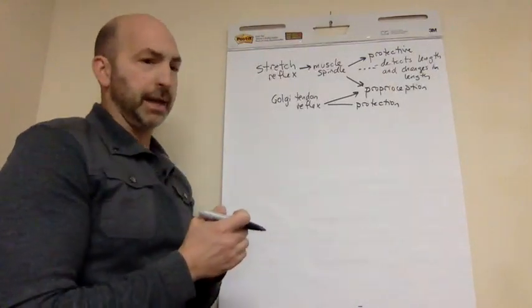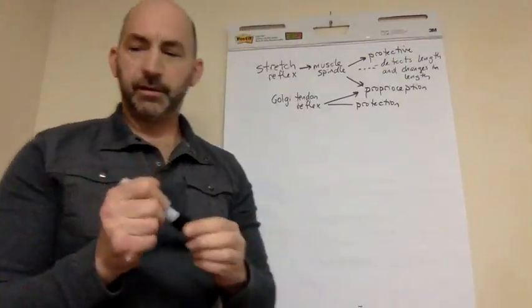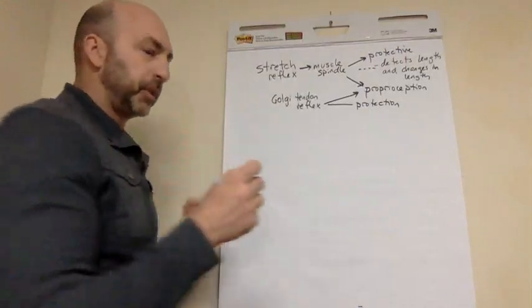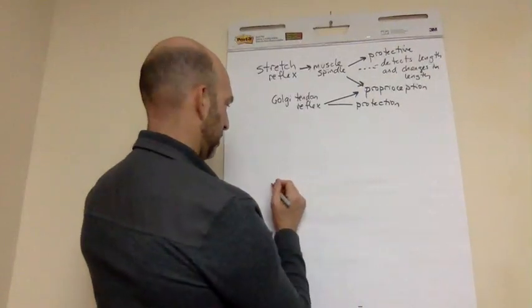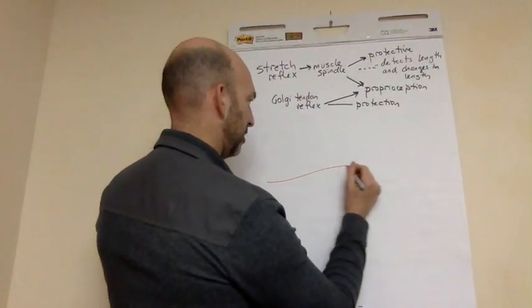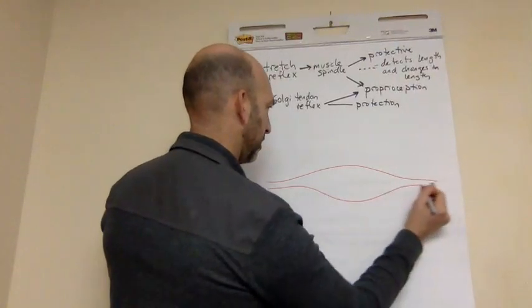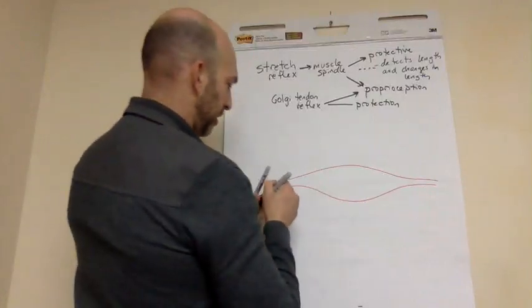Okay, so let's do a little bit of anatomy here. Find a red pen. So I'm going to draw a muscle, and then I'm going to squeeze a spinal cord up here. So let's draw a muscle. All right, we've got our tendons on the ends.